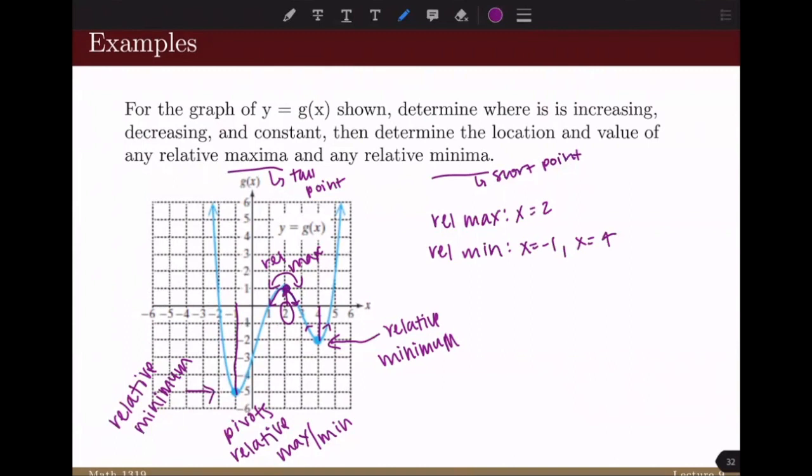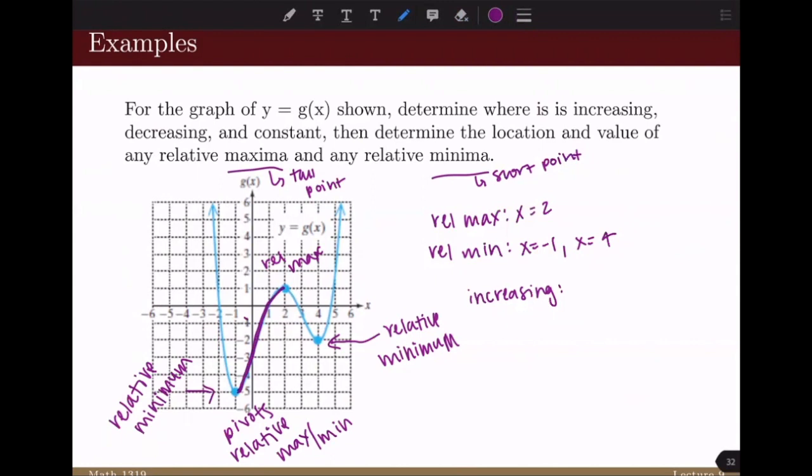All right, now let's figure out where we're increasing. So increasing means that as we get larger x values, we get larger y values, right? So if we look here, we can tell from this point to this point, as our x is getting larger, so is our y.